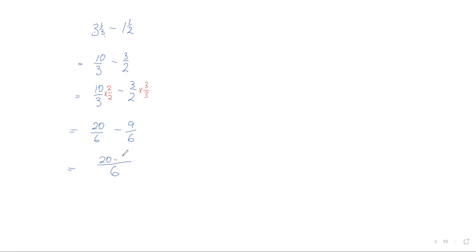It's 20 minus 9, that is 11 over 6. 6 into 11 goes once. If it were 12, it would be twice. It's going to be once, remainder 5 over 6. That's addition and subtraction.